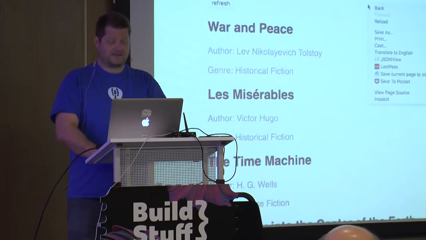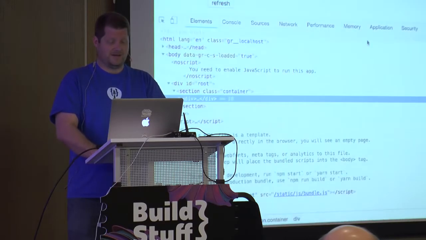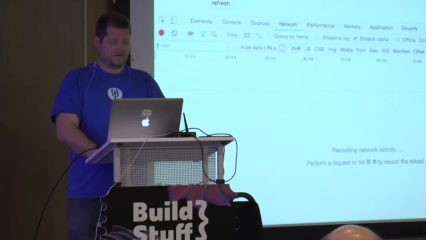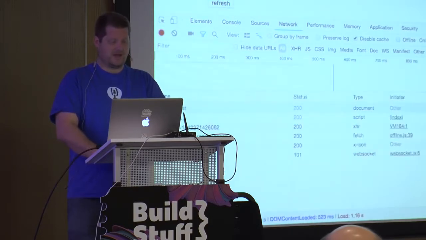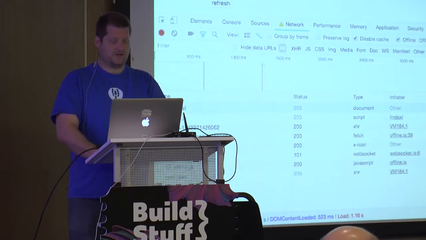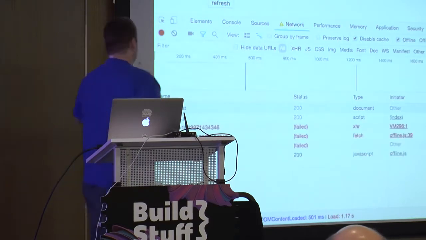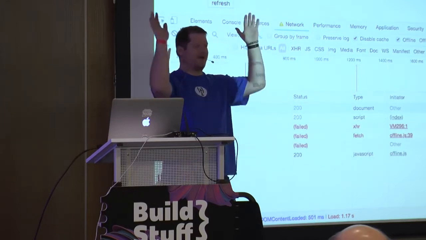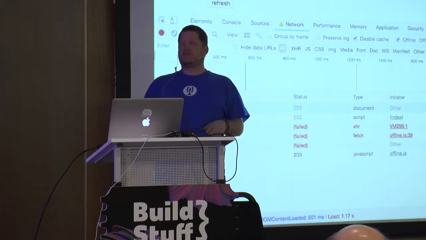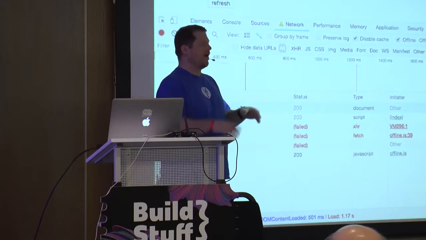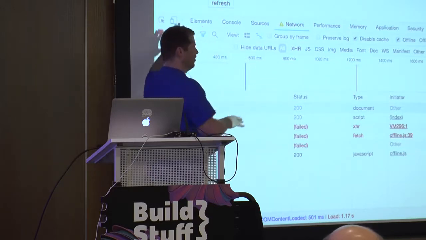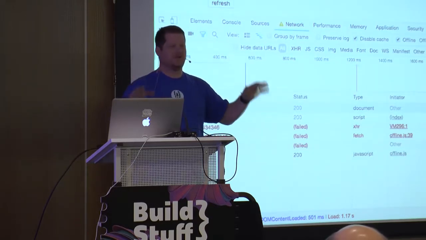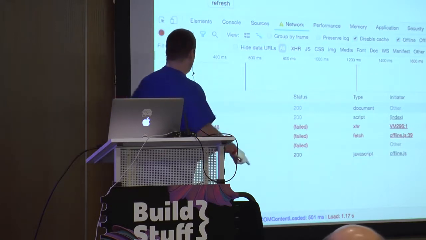Okay, inspect, network, refresh, yay. I click offline, I hit refresh, it goes and gets my stuff, I hit refresh, and it worked, okay. Just turn it off, turn it back on again, everything works.